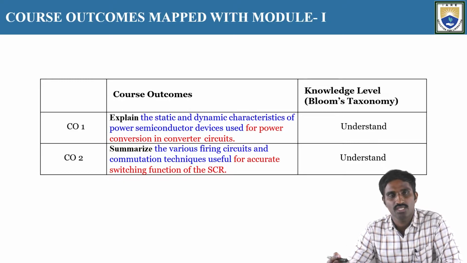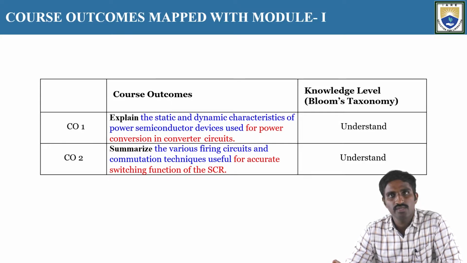Then CO2 is about summarizing the various firing circuits and the commutation techniques useful for accurate switching function of the SCR. Of course, as we know, the SCR is a semi-controlled device. To turn off the SCR, we use the different commutation techniques, and to turn on the SCR, we use various firing circuits.